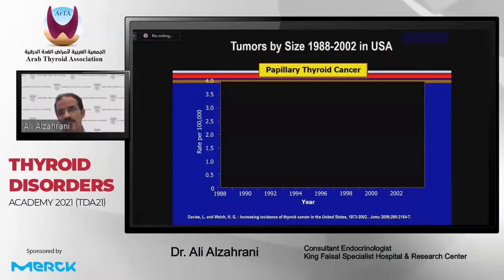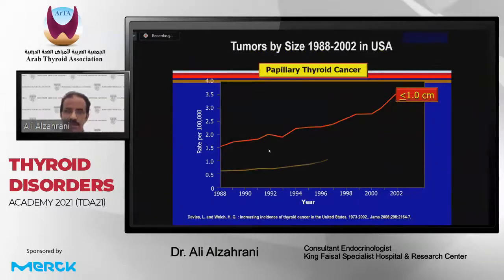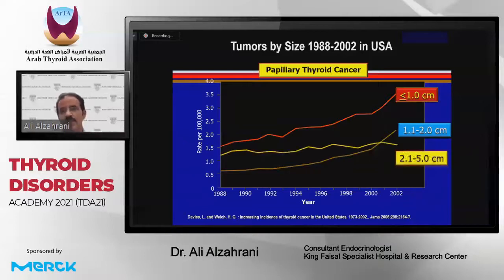Now, what was discovered over the last decade or so is that most of those tumors are small tumors. You can see that tumors less than 1 centimeter have been increasing progressively, 1 to 2 centimeter less steep increase, but still increasing. But when you look at larger tumors, 2 to 5 centimeter, there has been really little increase in the incidence of those tumors, which tells us that basically we are dealing with a large number of small tumors.